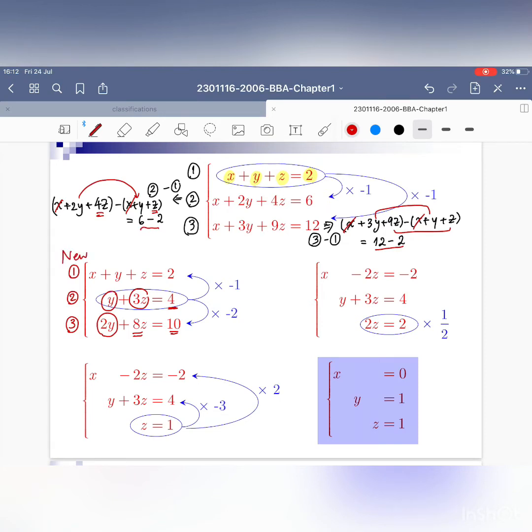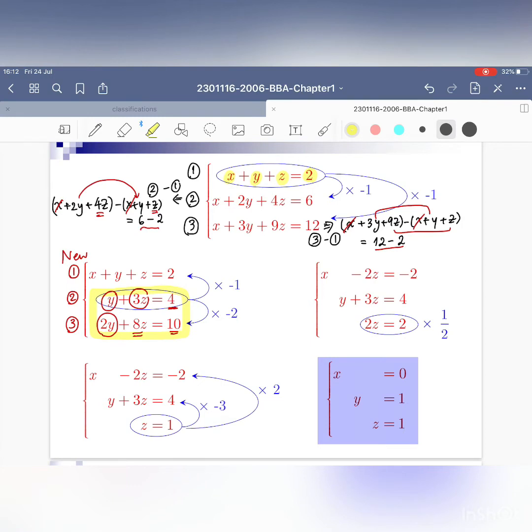And then you may notice that, hey, at this point these two equations contain only two unknowns, y and z.